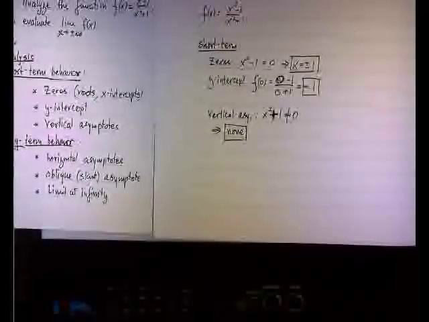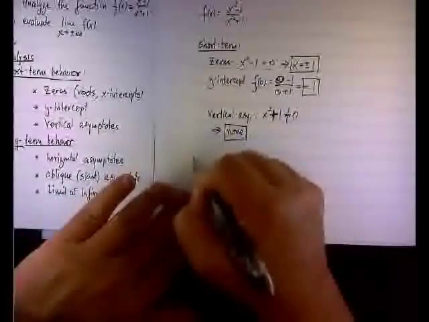Okay. So we found the zeros, the y-intercept, and we found there is no vertical asymptote for this function. Okay, now we need to turn to long-term behavior.